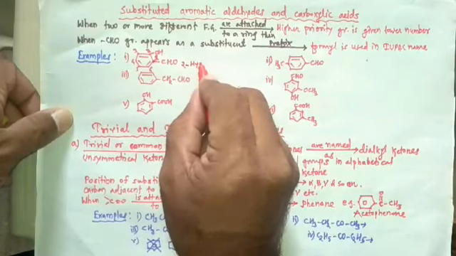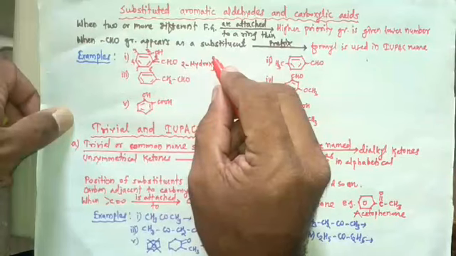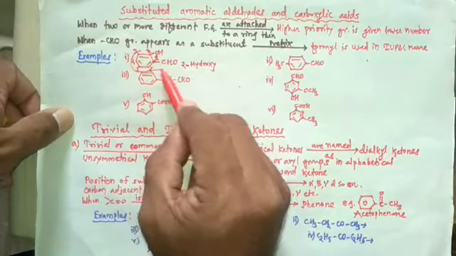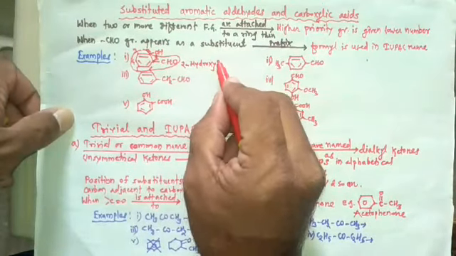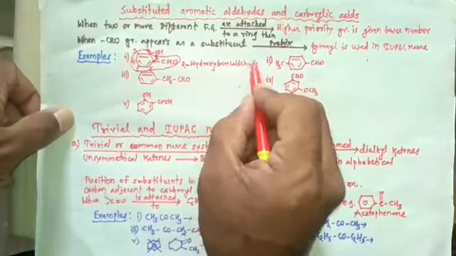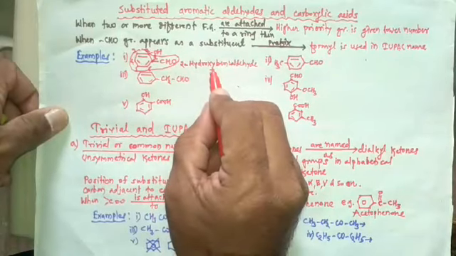The parent compound is benzaldehyde. So the name of this compound is 2-hydroxybenzaldehyde.